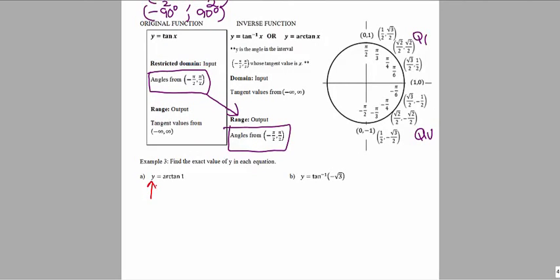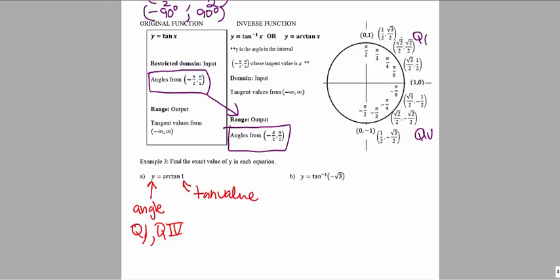So here we are looking for an angle, and we're talking about arctangent of 1, so we want to figure out an angle from quadrants 1 and 4 who have a tangent value of 1. So if we recall, we have a positive 1, so the answer has to come from quadrant 1.